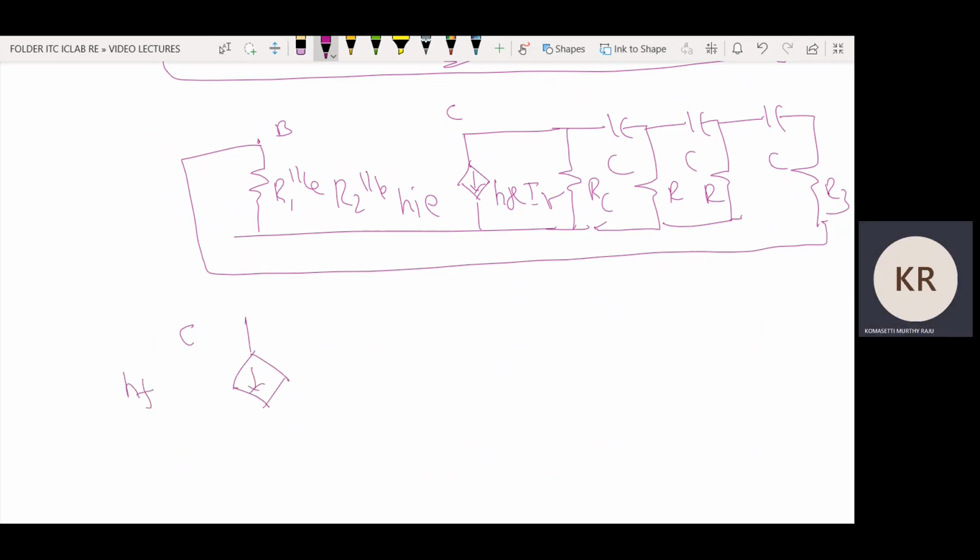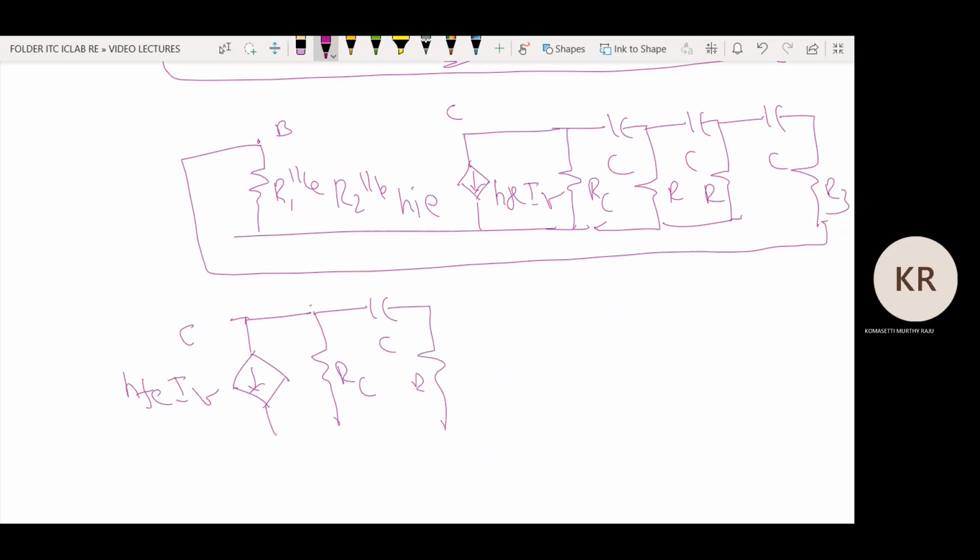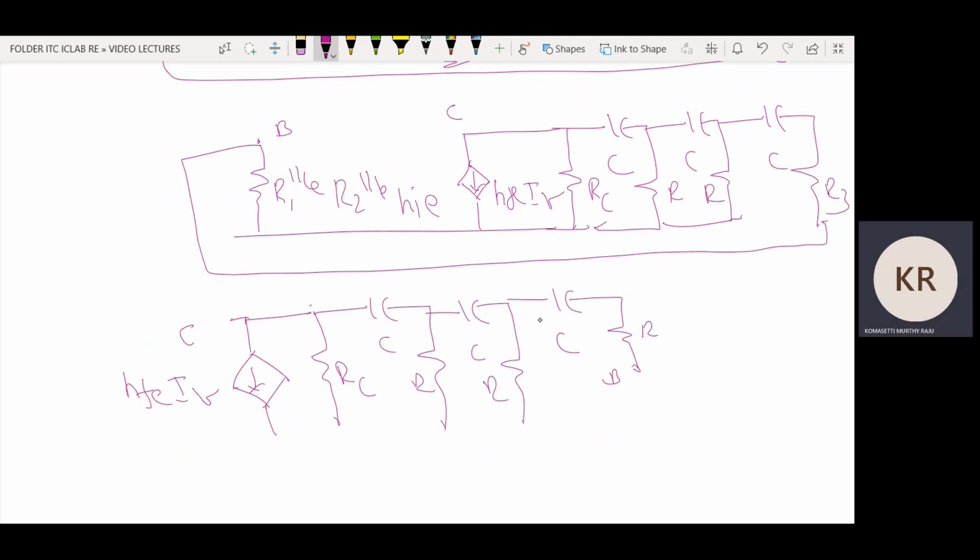Here HFE IB. This one is collector terminal and RC, C, R, C, R, C. This one is B. In between base B and here R3, another end is connected to B point.